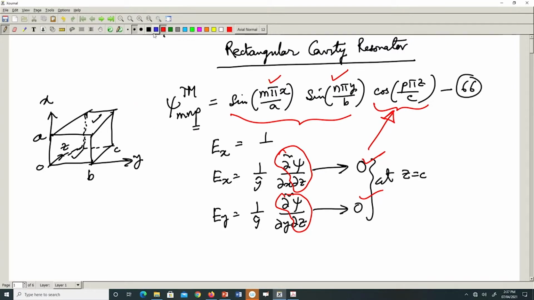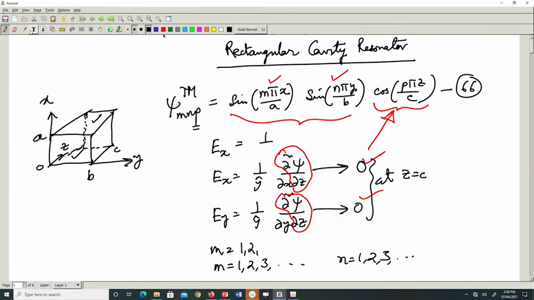So, here m is 1, 2, 3 etcetera, and n is 1, 2, 3 etcetera. Okay.